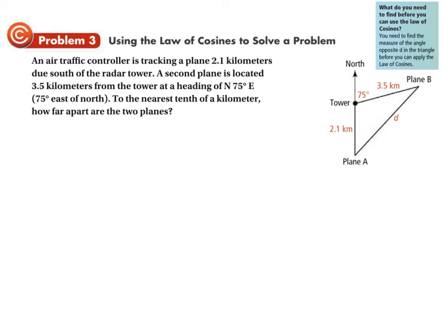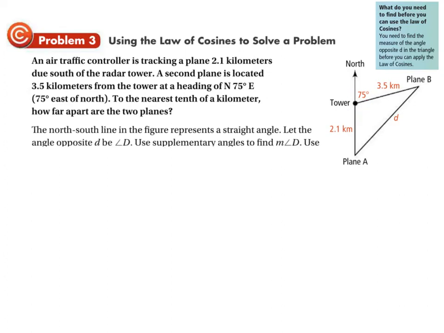Okay, how do you solve this? Well, it's not helpful to have an exterior angle like we do here, although it can help us find the interior angle, because we're dealing with a triangle and we need to know what the interior angle is. Since this is a linear pair, we can calculate that. The north-south line in the figure represents a straight line, okay?